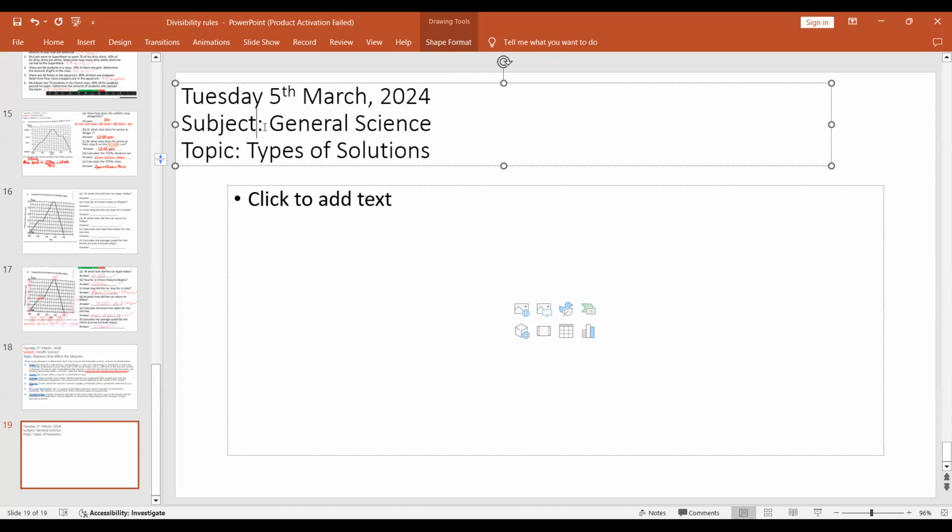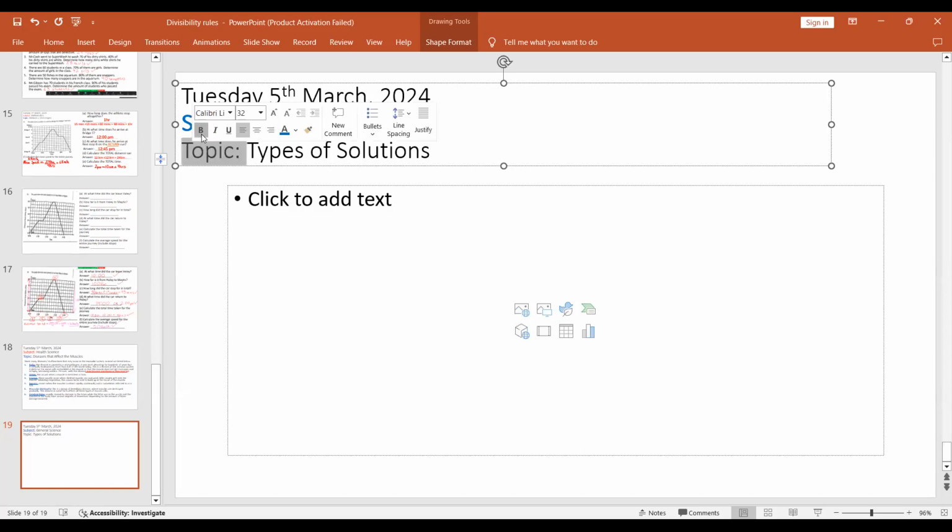The part that is being dissolved is called the solute. How about the part that does the dissolving? The solvent. Yes, the solvent. So the part that is being dissolved, we call the solute, and the part that does the dissolving, the liquid part, is the solvent.